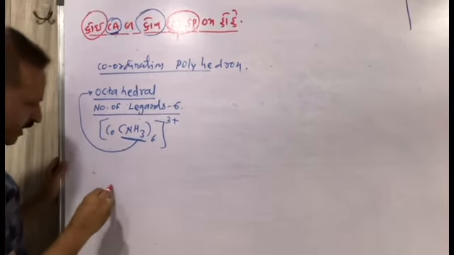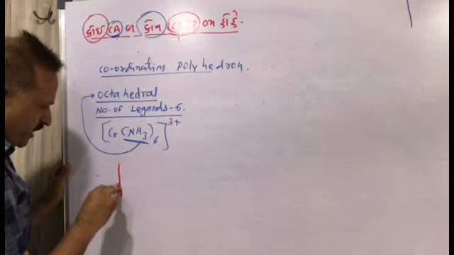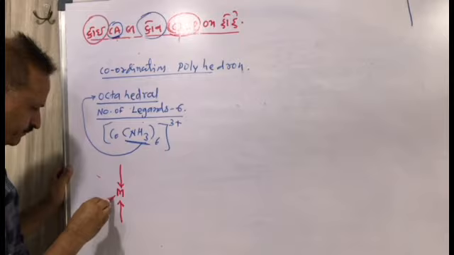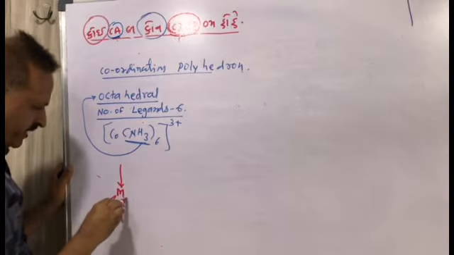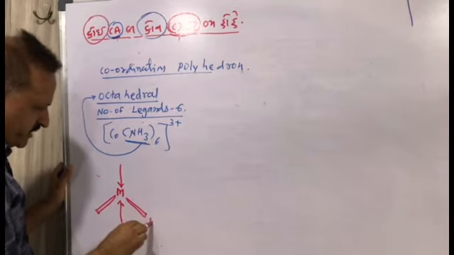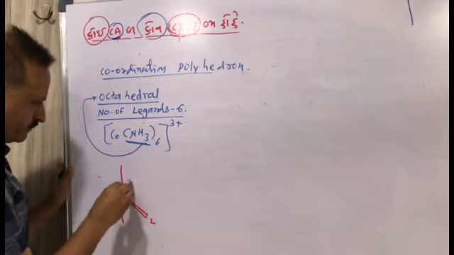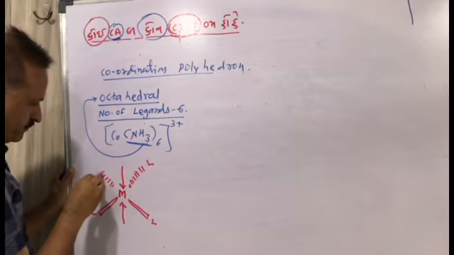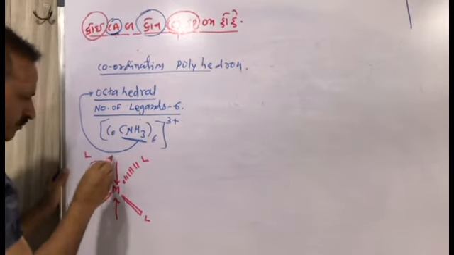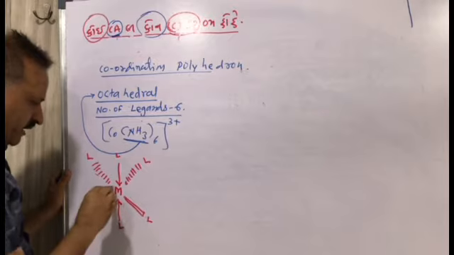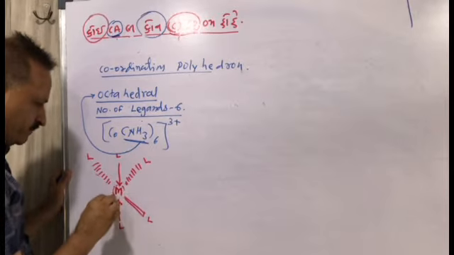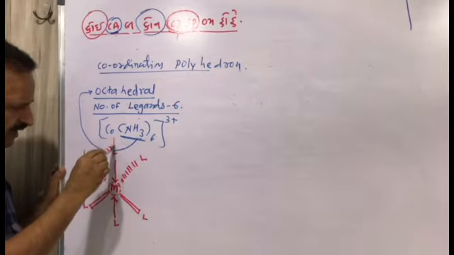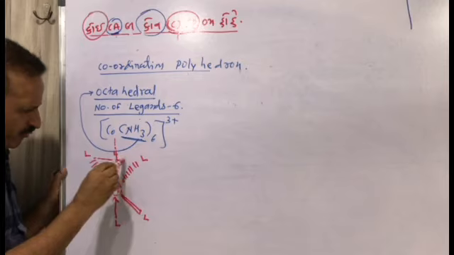So octahedral, M means metal. This is the coordination bond. This is the coordination bond. The shape will be like this. Total 6 ligands. So the number of ligands is 6, directed towards the central atom. You attach all of them. I am writing over here the shape of octahedral.